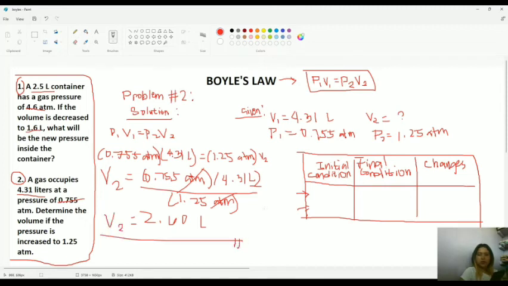So sulat natin sa table. Initial condition, the initial pressure is 0.755. Then initial volume is 4.31.